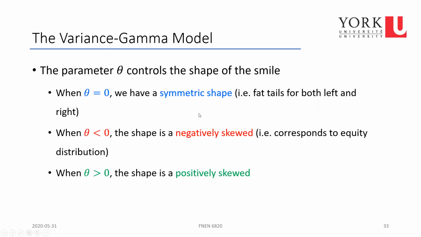And if you are working with the equity market, instead of forcing this to be 0 as for the currency market, you would force this to be negative. Then if theta is negative, you'll get a negatively skewed distribution, which is typically observed in the equity market. You will typically not allow theta to be greater than 0, because that is not really observed in any of the markets that we have seen.